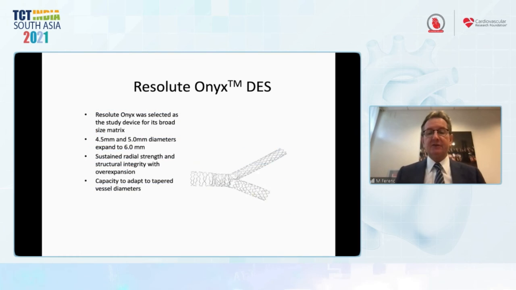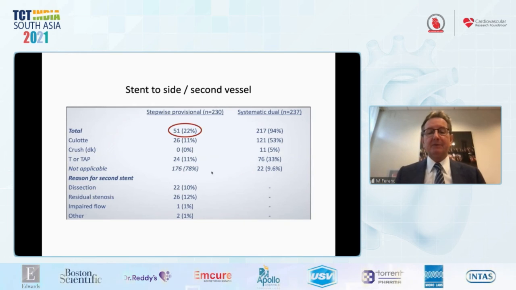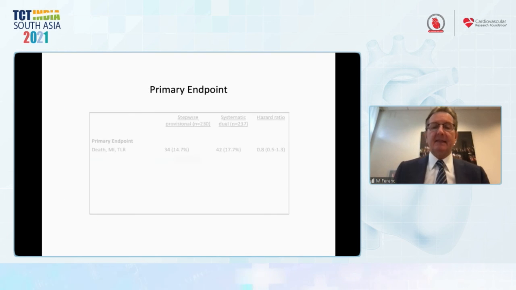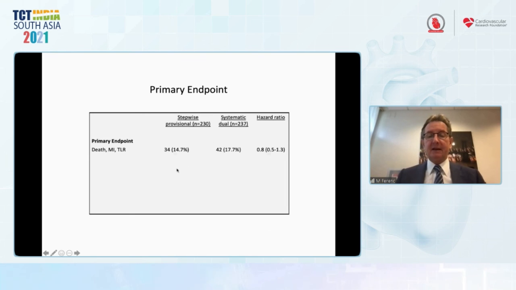I will just show you here. So the Onyx was our stent, and we had around 20% crossover to double stenting, and the primary endpoint was very clear. There was a trend to better results if you go with the provisional approach compared to systematic double stenting.